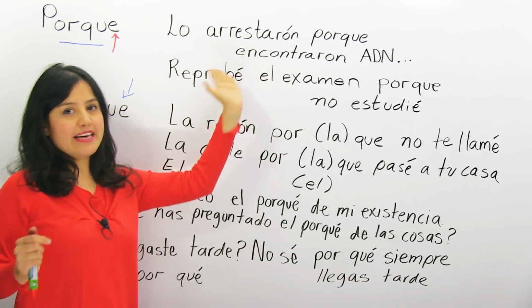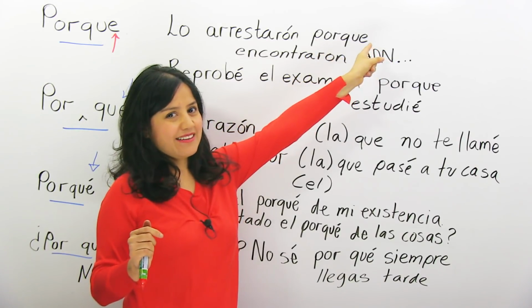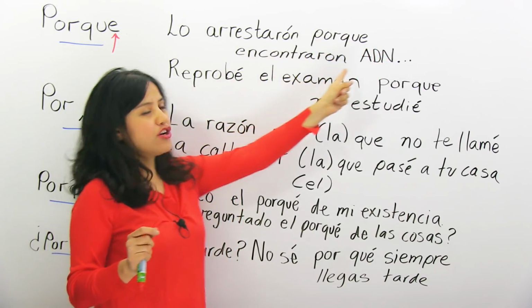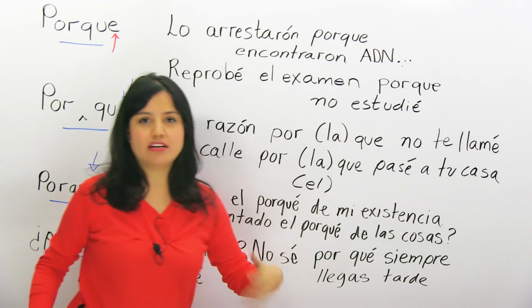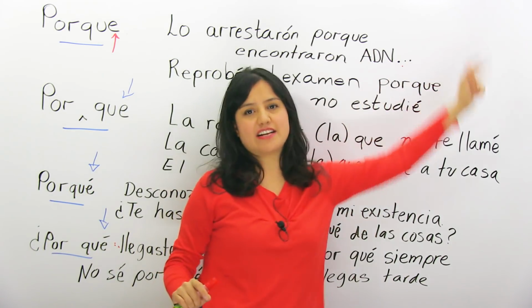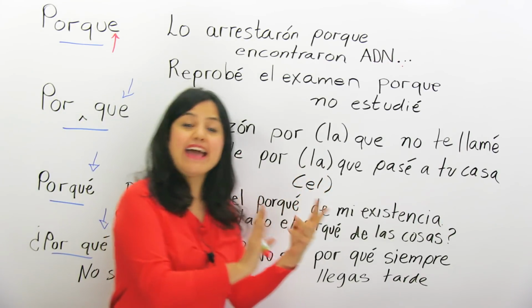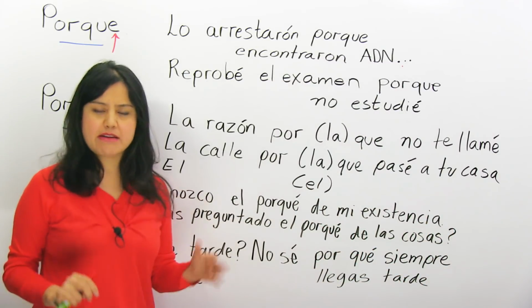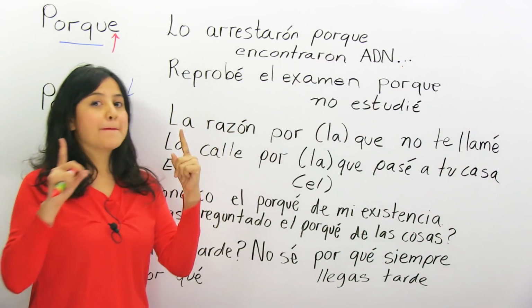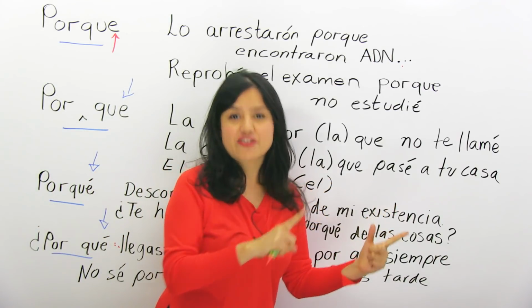Lo arrestaron. They arrested him. Lo arrestaron porque encontraron ADN, let's say, en la escena del crimen, in the crime scene. Lo arrestaron porque encontraron su ADN en la escena del crimen. They arrested him because they found his DNA in the crime scene.